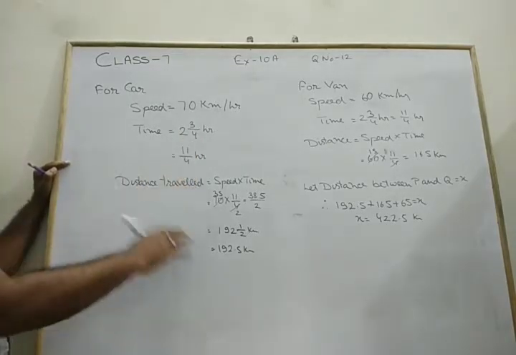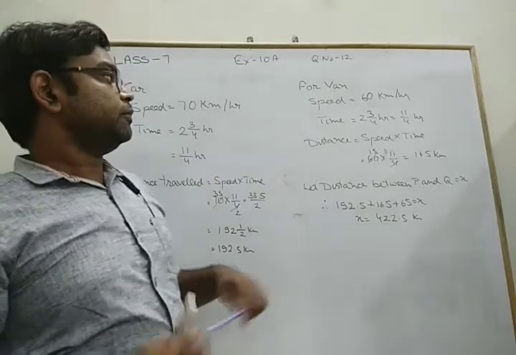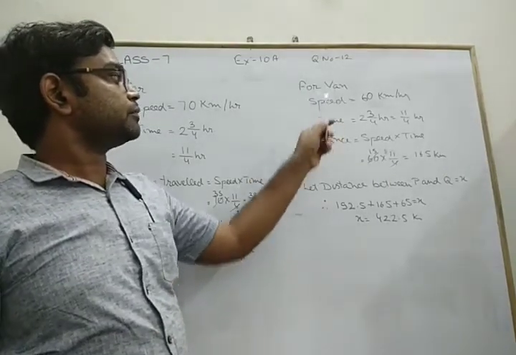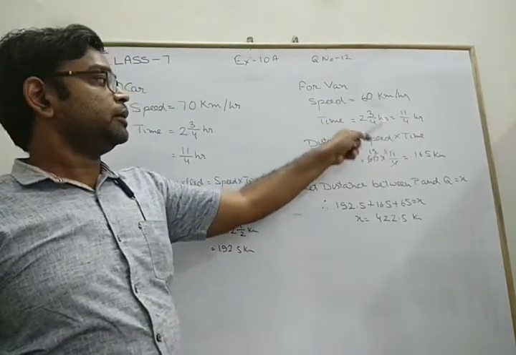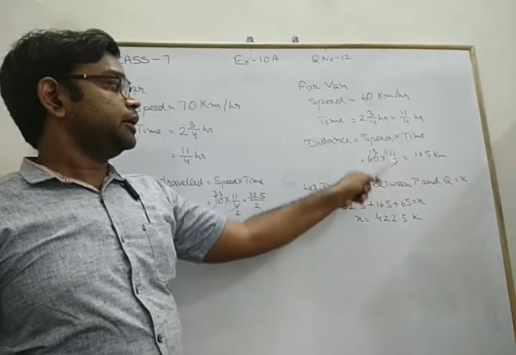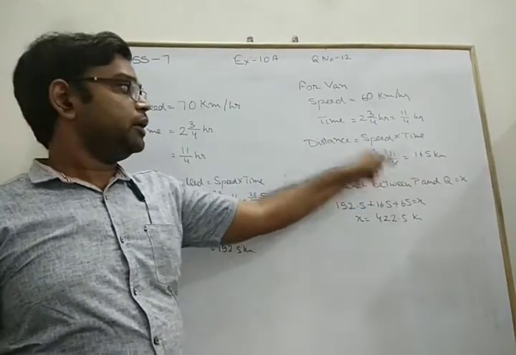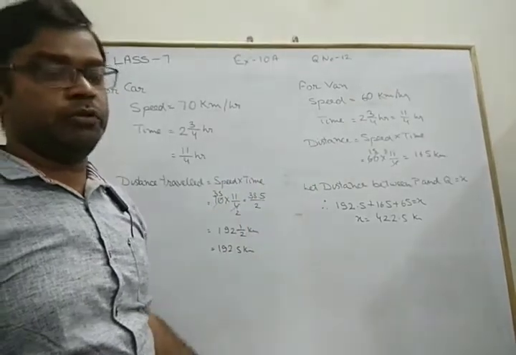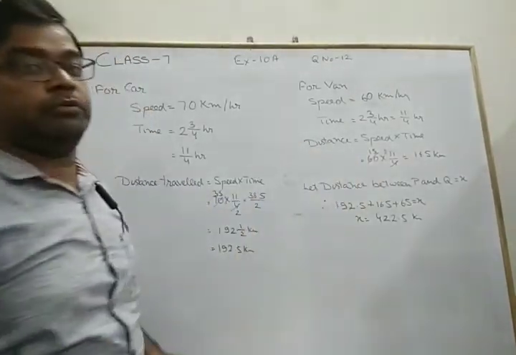For the same time period, what about the van? With a speed of 60 km per hour, the distance covered is 165 km. Up to this part, it's easier for you.